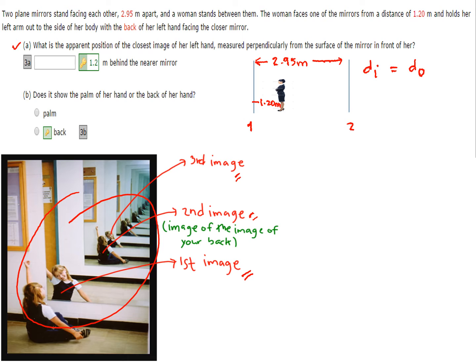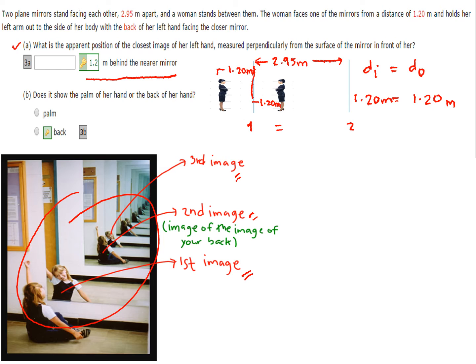So going back to this first question, since the woman is 1.20 meters in front of mirror 1, the image should be seen 1.20 meters behind the nearer mirror. So this distance here is also 1.20 meters from this mirror.